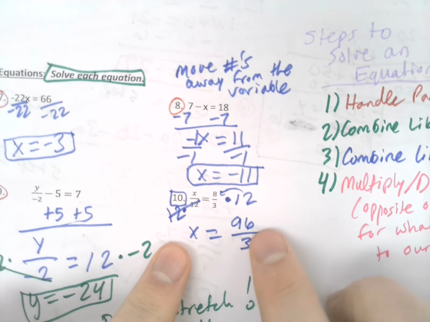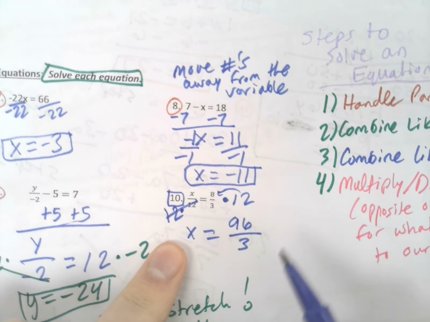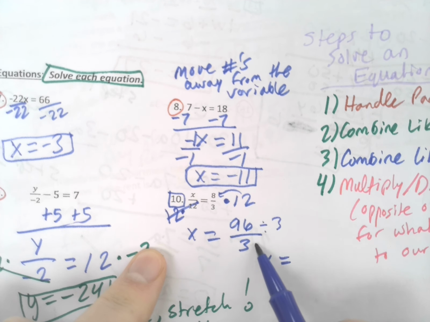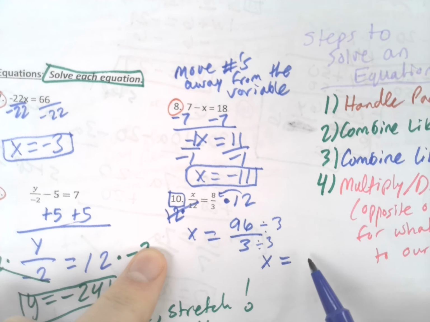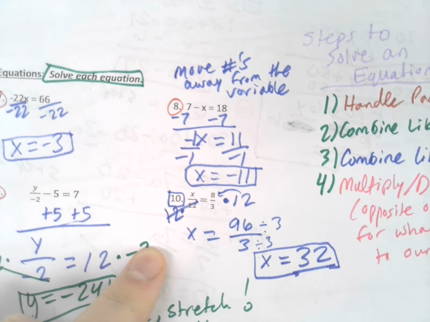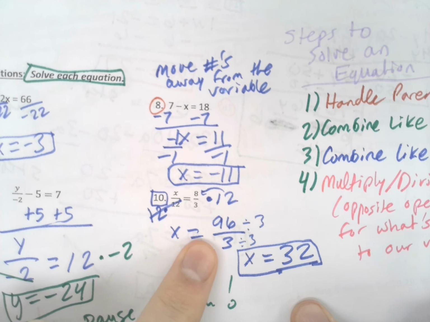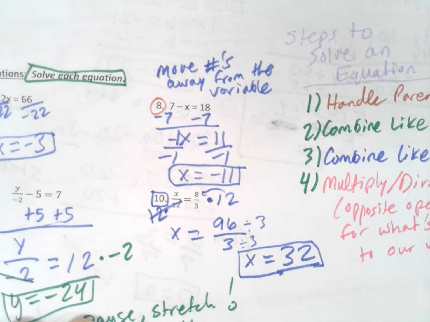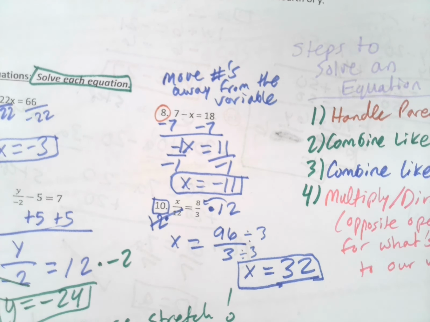And I do believe that 96 over 3 will reduce. So x is really, I think you can divide both those by 3. X is really 32. Yep, 96 divided by 3 is really just 32. So excellent job on that one.